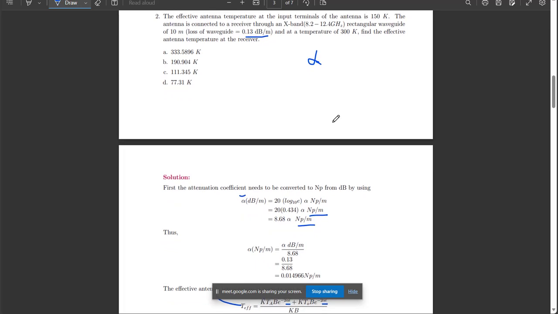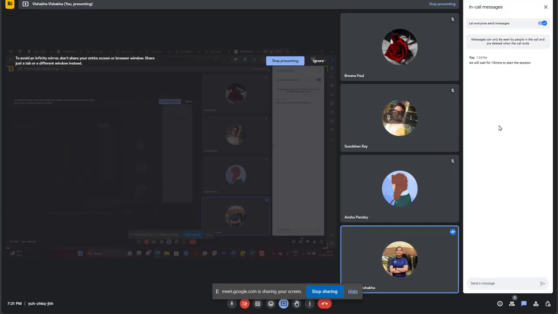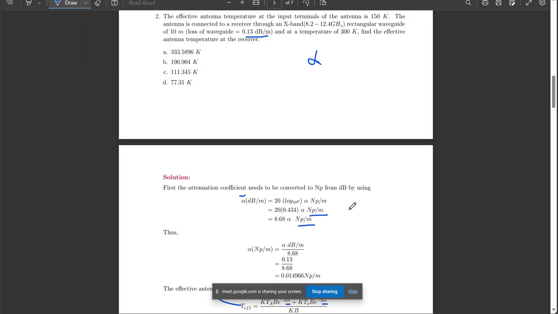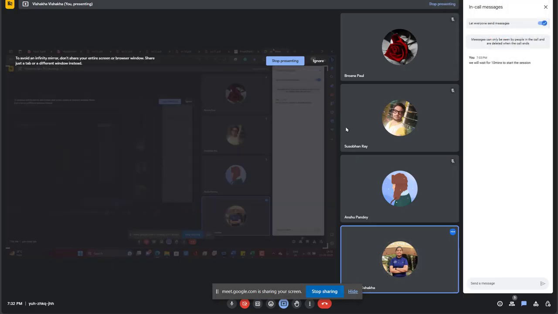Once you find out the attenuation constant, let me know, and then we'll go for effective temperature. I'm giving you 3 minutes. Find out the attenuation constant in terms of Nepers per meter. First, do the conversion, and then we'll solve it for effective temperature. Got it? So 3 minutes I'm giving you.